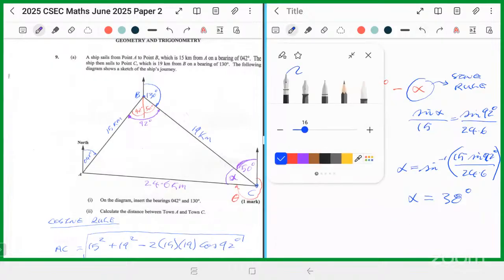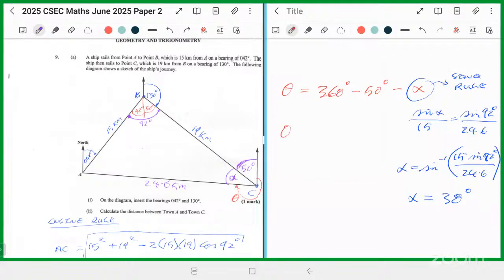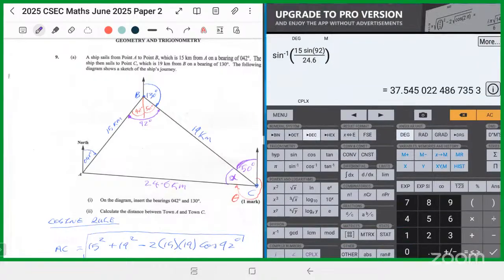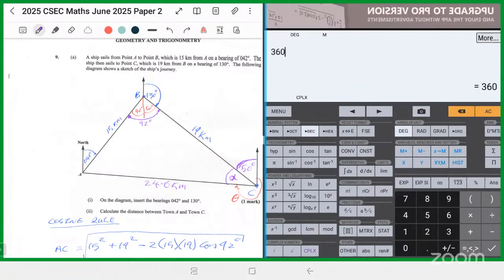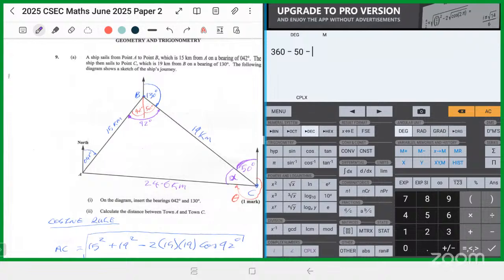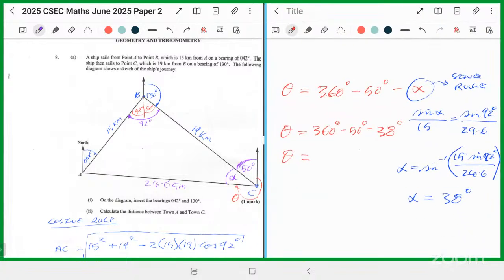So the theta that we want becomes 360 degrees minus 50 degrees minus 38 degrees. The bearing angle theta is 360 minus 50 minus 38, which is 272 degrees.